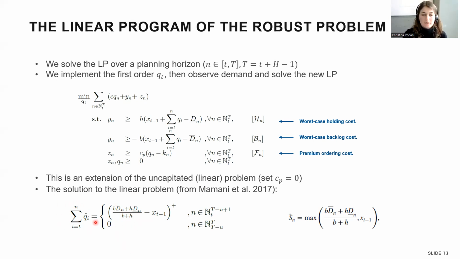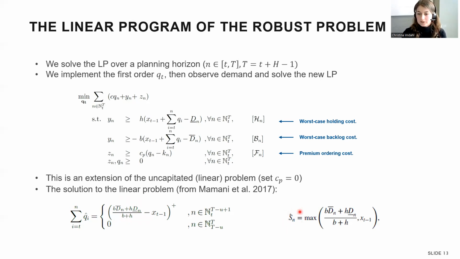The sum of the order quantities would always order up to this base stock level. So for each period, we sum up all the orders of consecutive periods, and they order up to this cumulatively formulated base stock level.